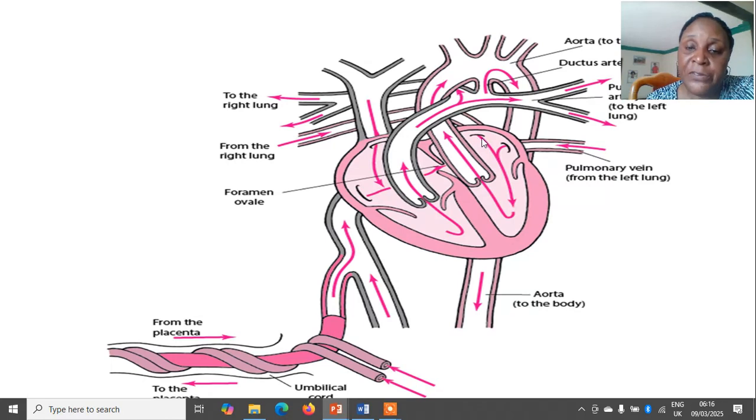Blood from the left atrium comes to the left ventricle. And this blood is joined by blood which is used up in supplying the lungs, returning through the pulmonary vein. So it also joins the blood in the left atrium, then it flows to the left ventricle of the heart.